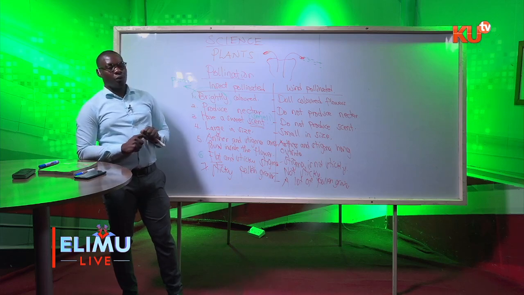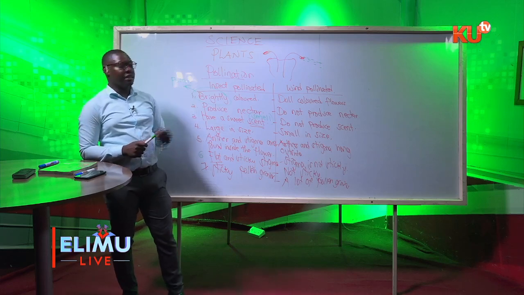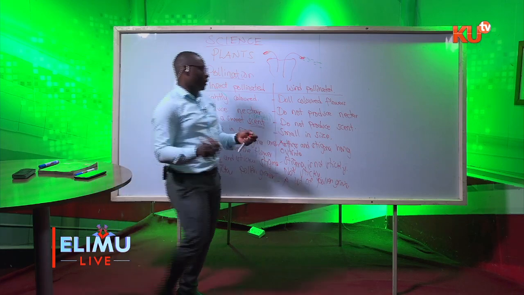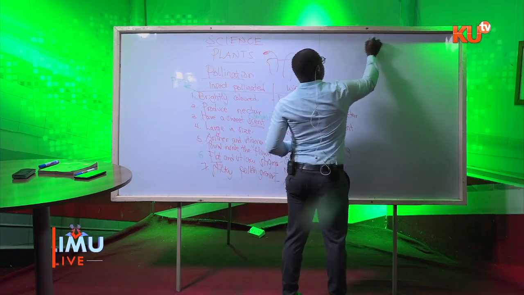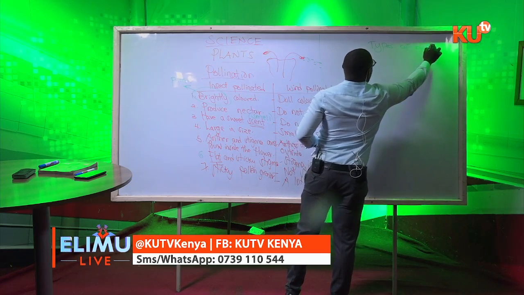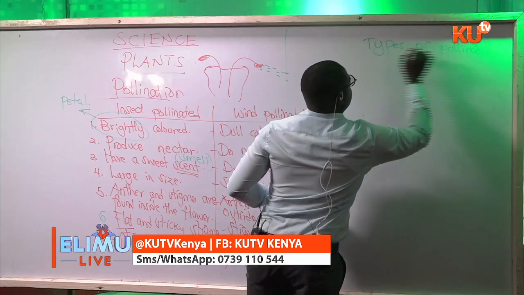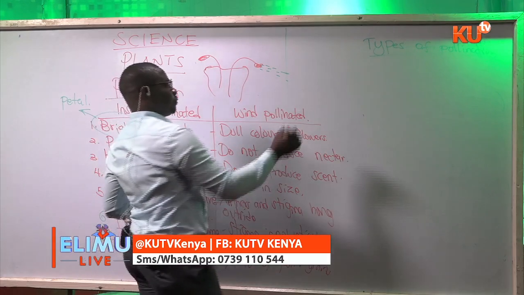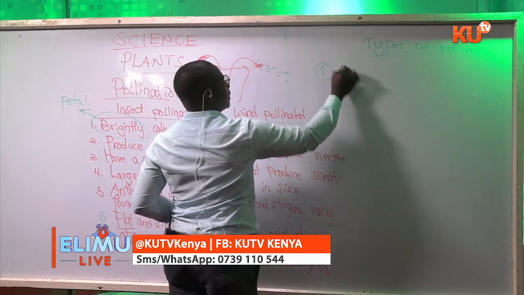So when we come to pollination, these are agents, but we also have types of pollination. Under types of pollination, we are going to get two types.